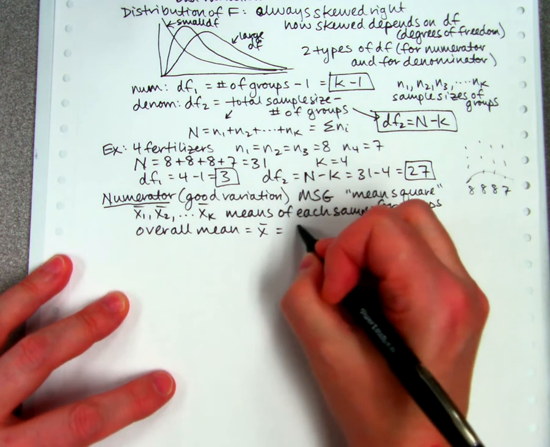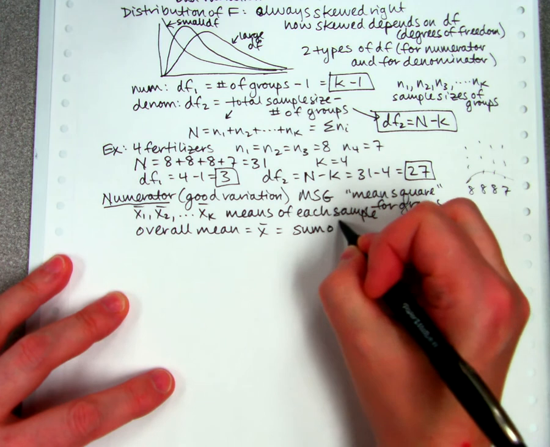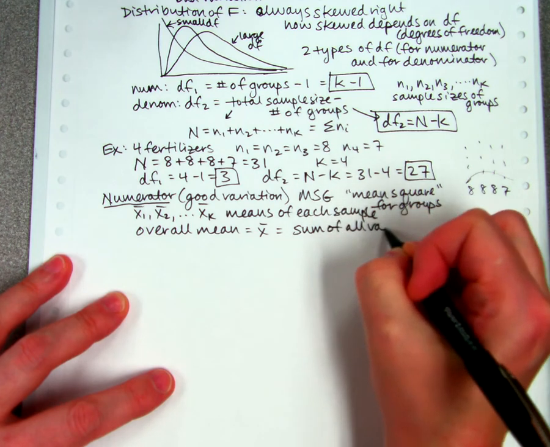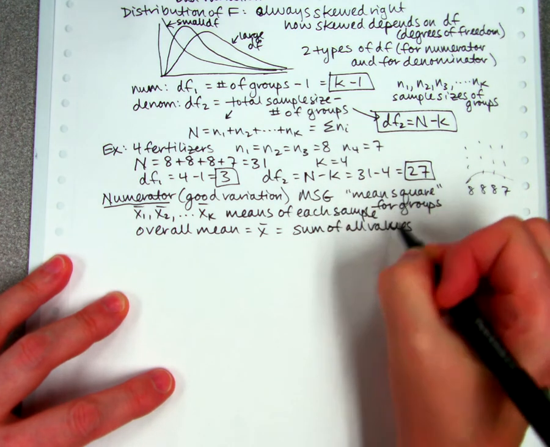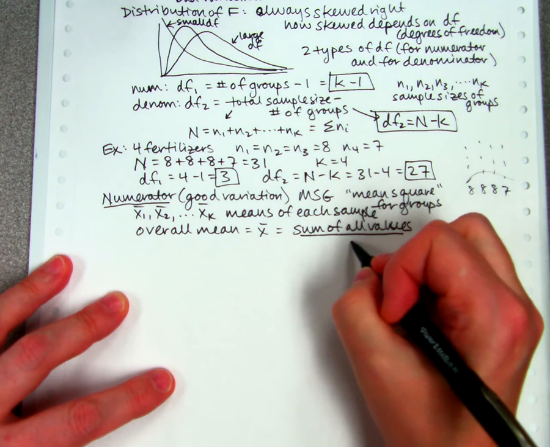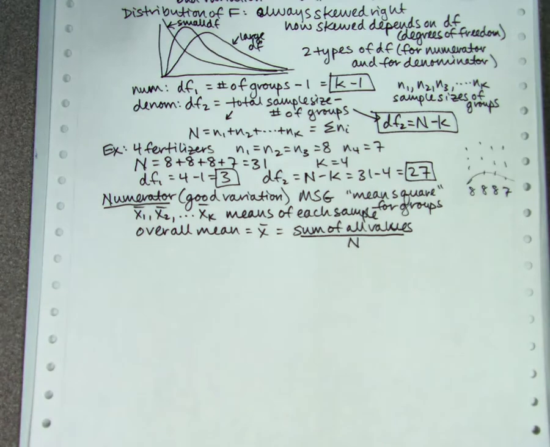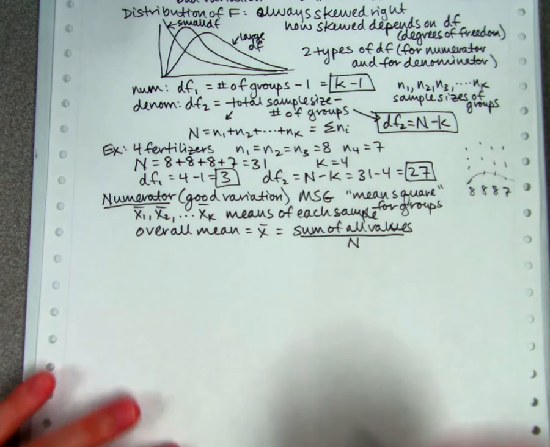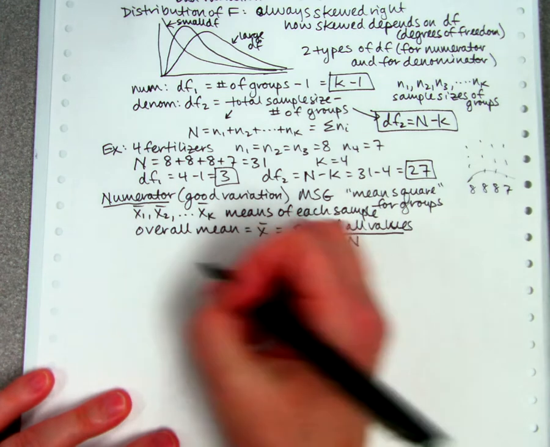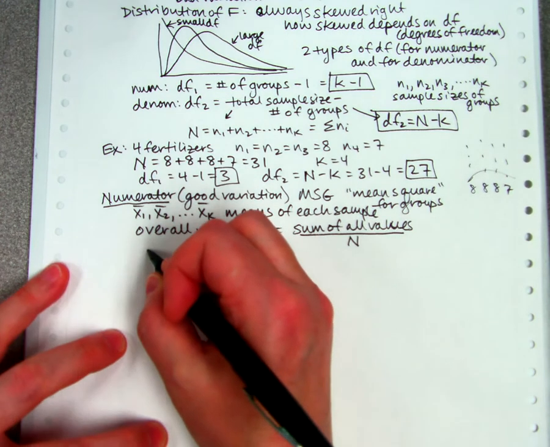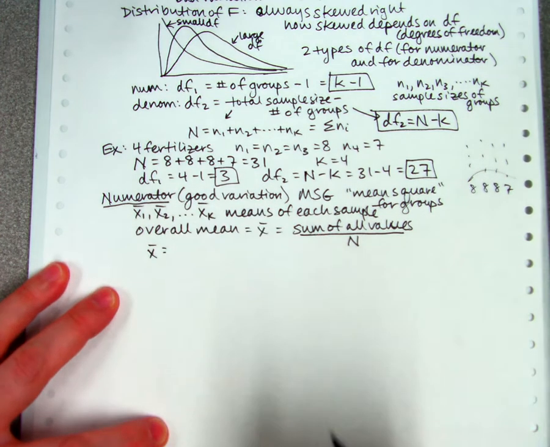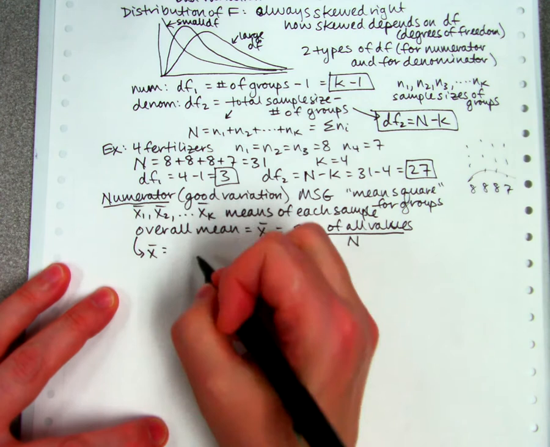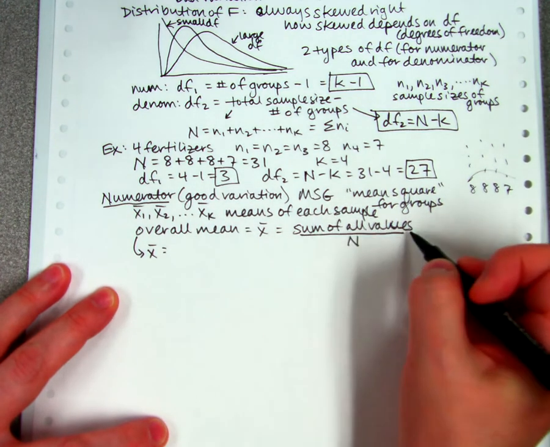It is the sum of all the values in all the samples divided by the big N, which is the sample size for all of them. So we're just combining them into one big thing. And the big x bar for all of them, the overall mean, is calculated as, well, how do you find the sum of all the values?